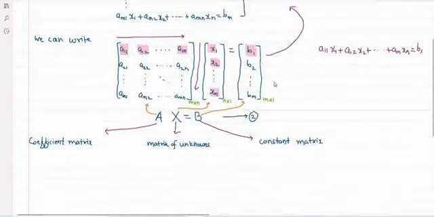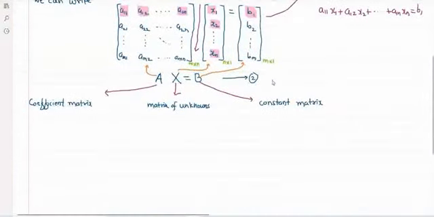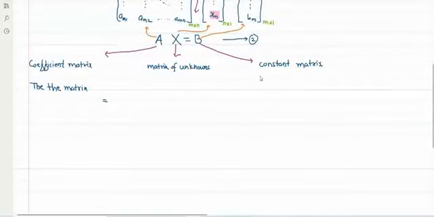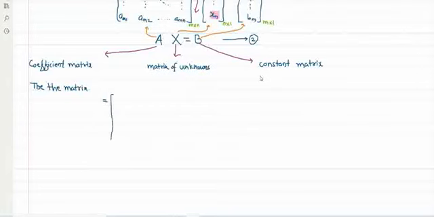Now, next we are going to define one more matrix, which is obtained from the coefficient matrix and the matrix of unknowns. First, I will write the coefficient matrix as it is.